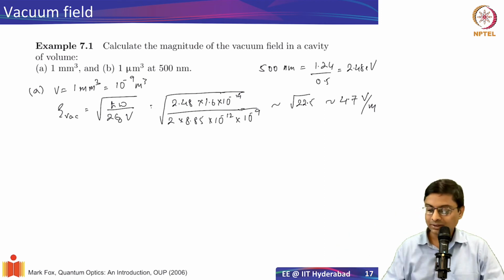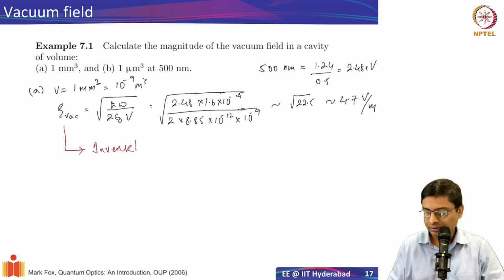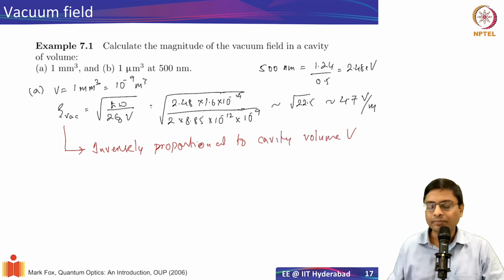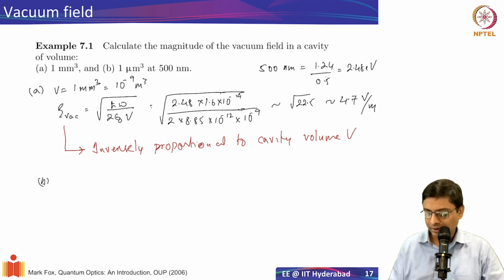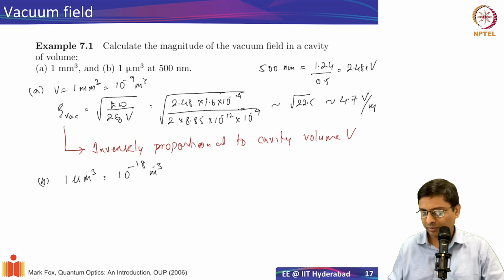But the vacuum field is inversely proportional to the cavity volume V. Now if I try to compute the same thing at 1 micrometer cube, that corresponds to 10 power minus 18 meter cube.